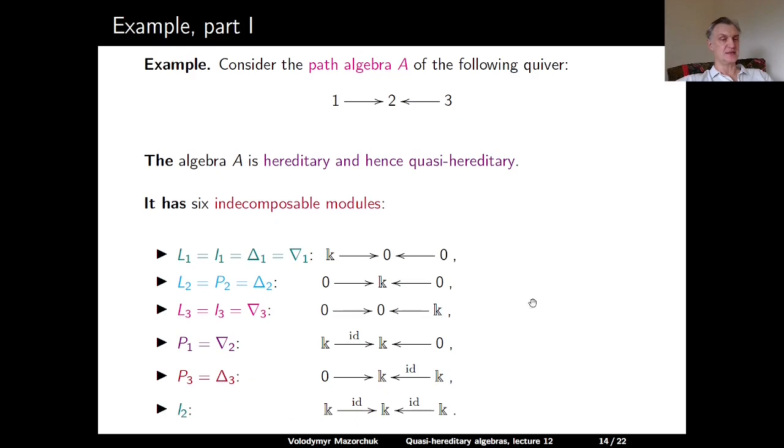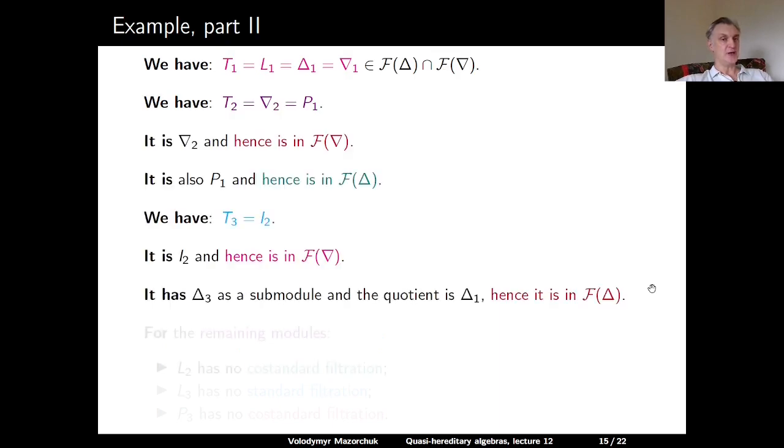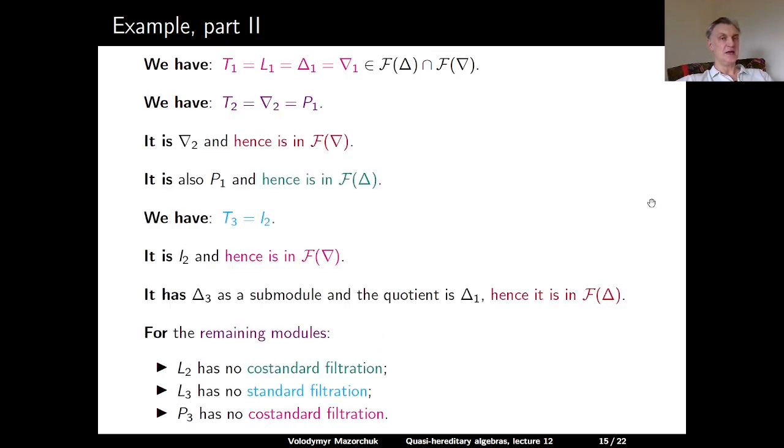The module P3 is Δ3, so it's Δ filtered, but it doesn't have a costandard filtration because ∇2 also has something at the vertex 1. So here we see that we have 3 tilting modules: the simple at the vertex 1, then ∇2, and then the module I2, which is supported at all vertices.